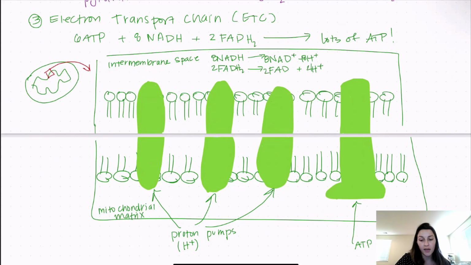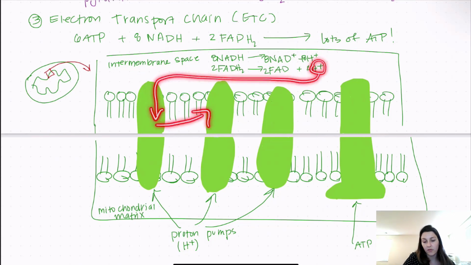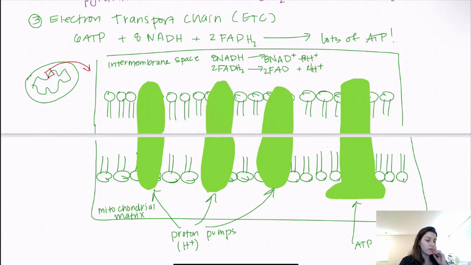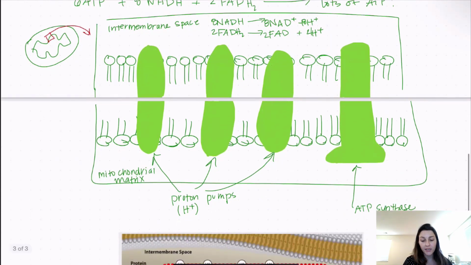So we have a lot of hydrogens, and each of these proton pumps takes one of those hydrogens. One hydrogen goes down, and it goes over, and then it goes through. This transport of hydrogen ions is such that the ATP synthase can open up its doors and allow for the movement of hydrogen.